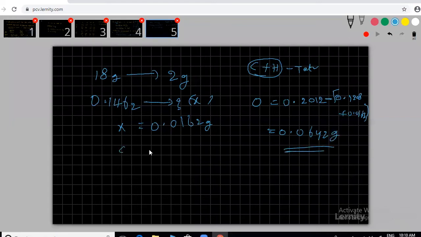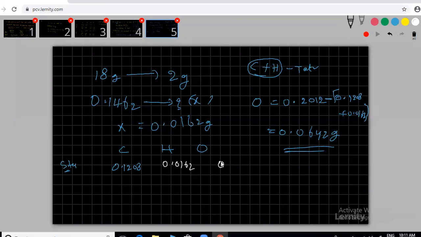Then you can apply to carbon, hydrogen, oxygen. Step 1, write their weights. Even if you do percentage, you will get the correct answer. Nothing is wrong; by percentage also you will get the correct answer. So carbon weight we got 0.1208. Hydrogen weight, 0.0162.